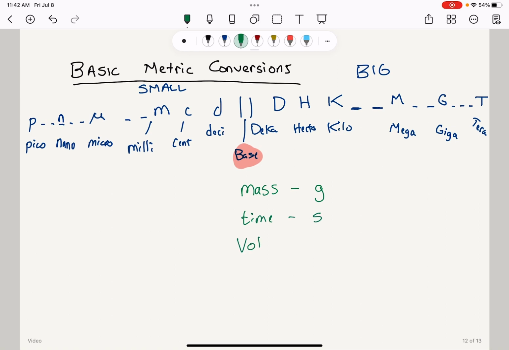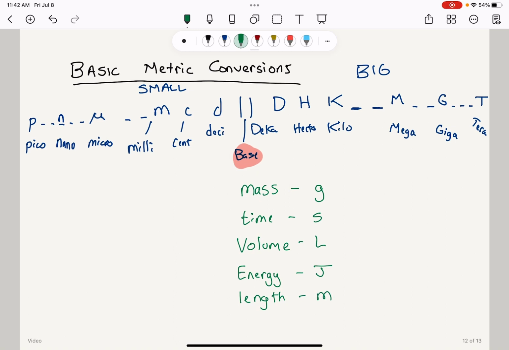If you're measuring volume, that would be liters, capital L. If you're measuring energy, that would be joules. Generally speaking, this is what we mostly use in chemistry. However, there is one more unit that we need to talk about, and that is length. And that base unit is a meter.